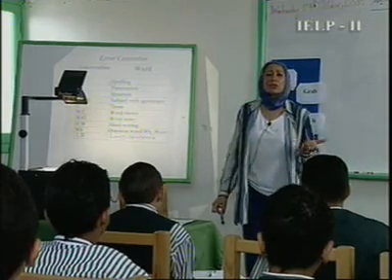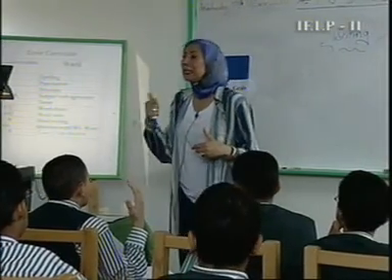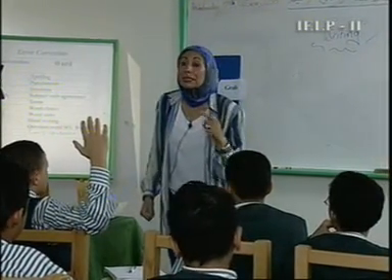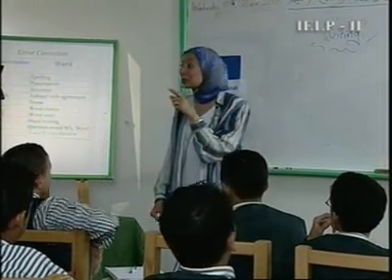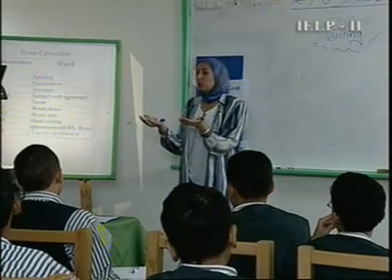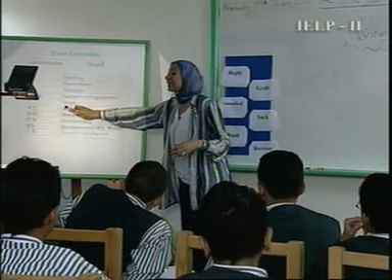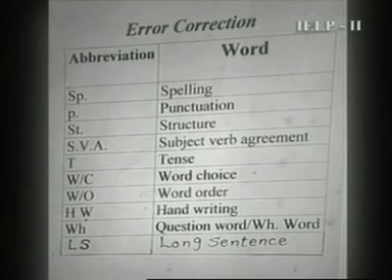What's the meaning of subject verb agreement? When I say he speaks, the verb should agree with the subject. We can't say he speak, we say he speaks. Next please. T for tense, thank you.